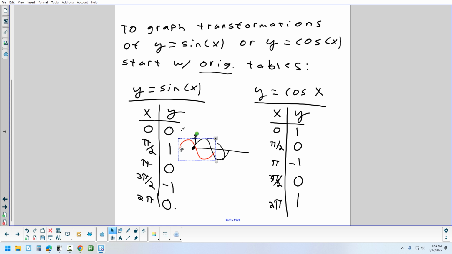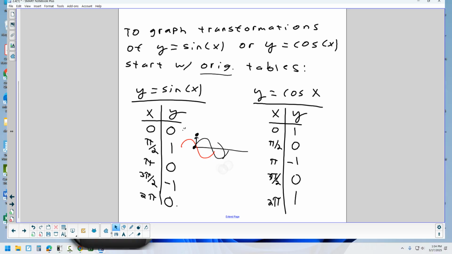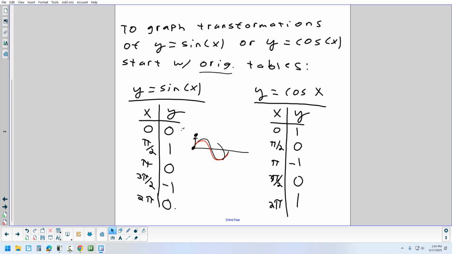The x. Since we're only going to do one transformation at a time, one of these columns is going to change, depends on what transformation you do, and the other column is going to stay the same. The only way they could both change at the same time is if I did two transformations at once, which we're not doing.